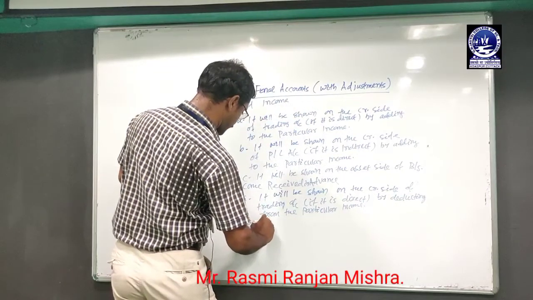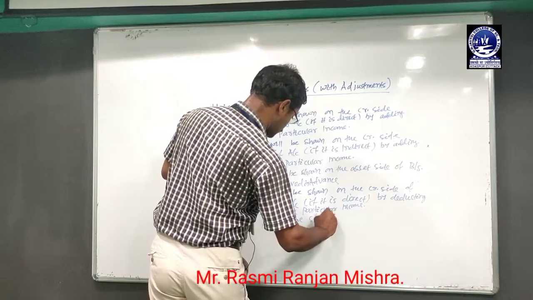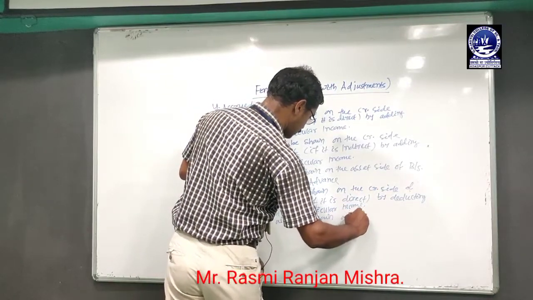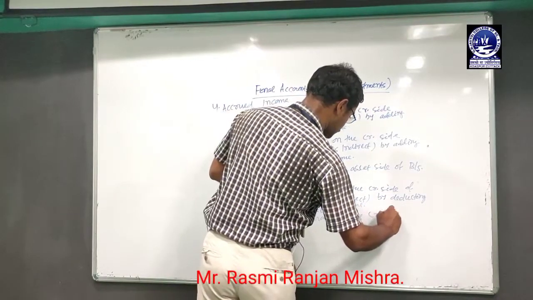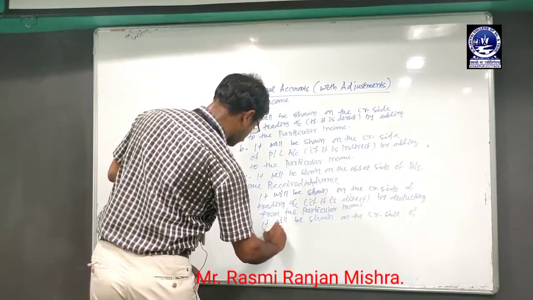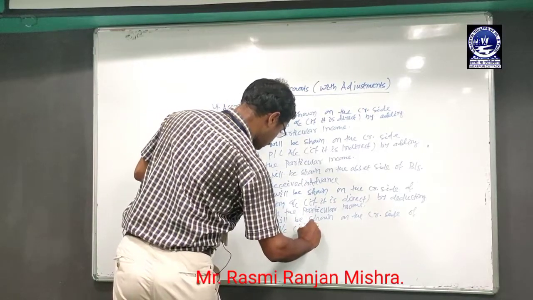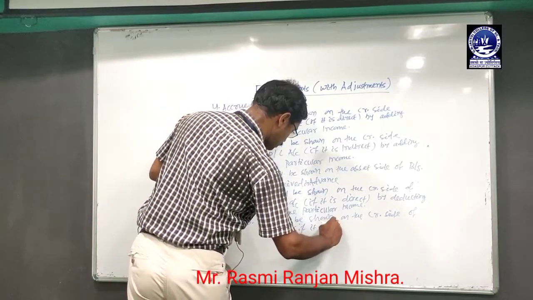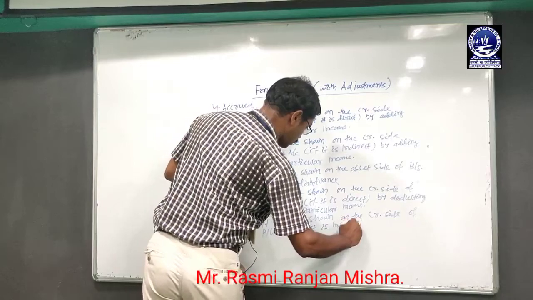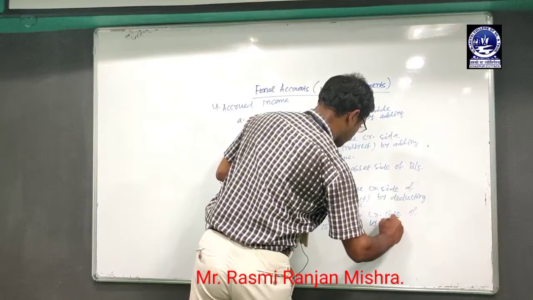Second, if it is indirect, it will be adjusted on the credit side of the profit and loss account by deducting from the particular income.